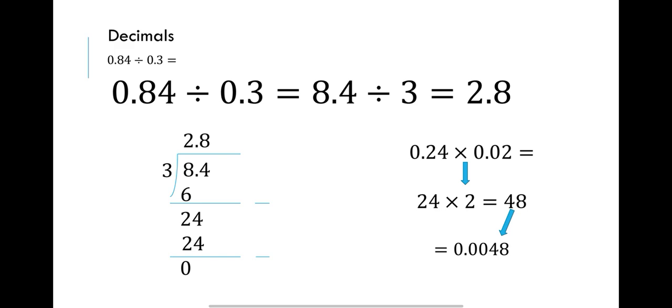The way you put back the dot, you first count the decimal places already in the question. Let's count together. 1, 2, 3, 4. So there are 4 decimal places altogether, right? So the result will also end up with 4 decimal places.